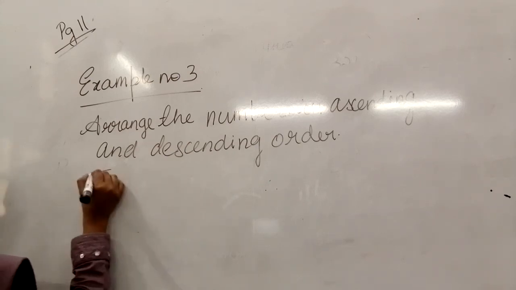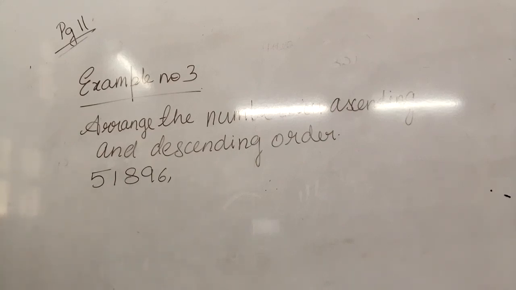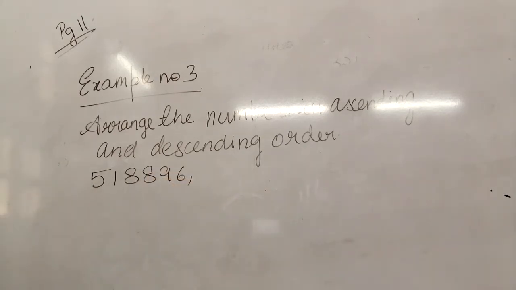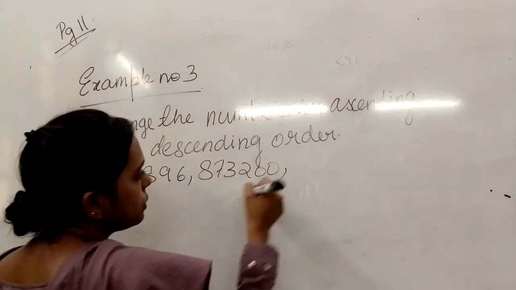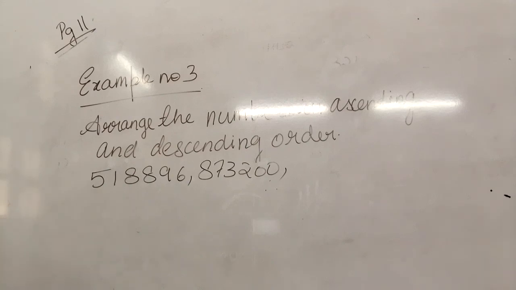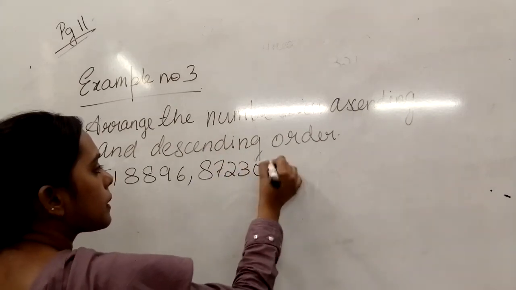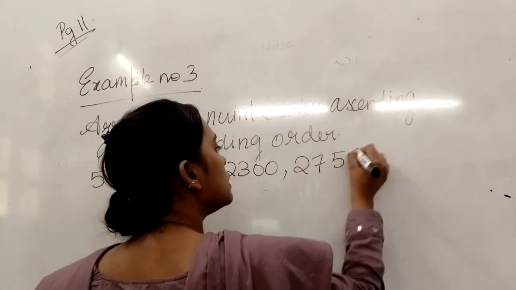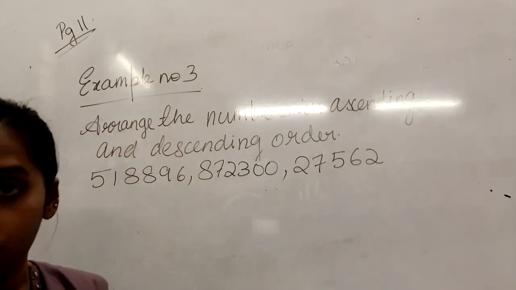The numbers are 51896, then 873, then 872, then 27562, then 300252.